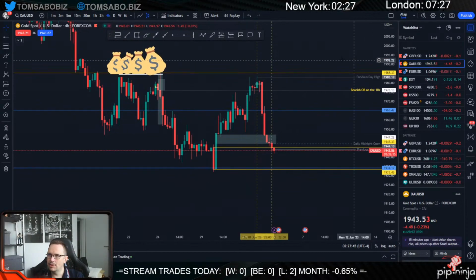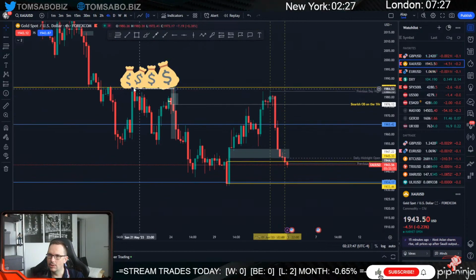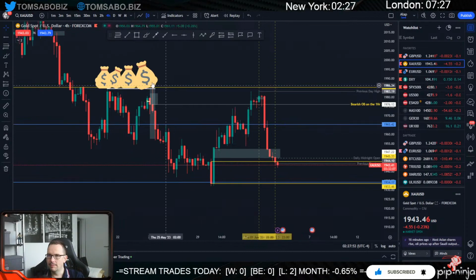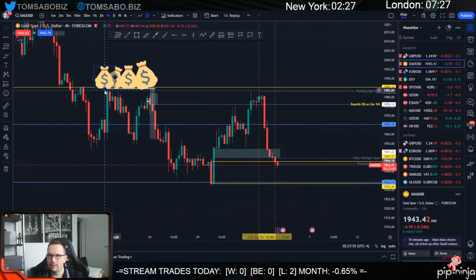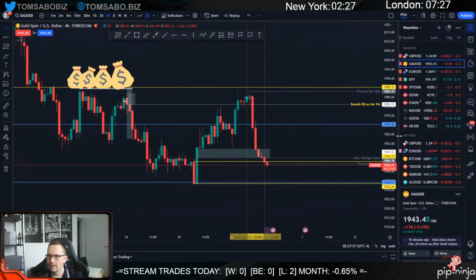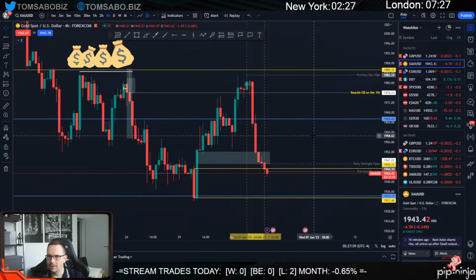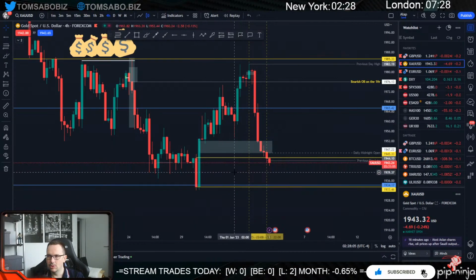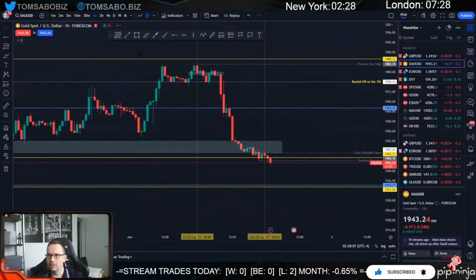I was talking about this up here, and I also tweeted about it: the 1985 level. Lots of liquidity up there, engineered relative equal highs. Would love to see it go all the way up there. And look at this, also an order block on the 4 hour. So we are in a 4 hour and hourly order block.